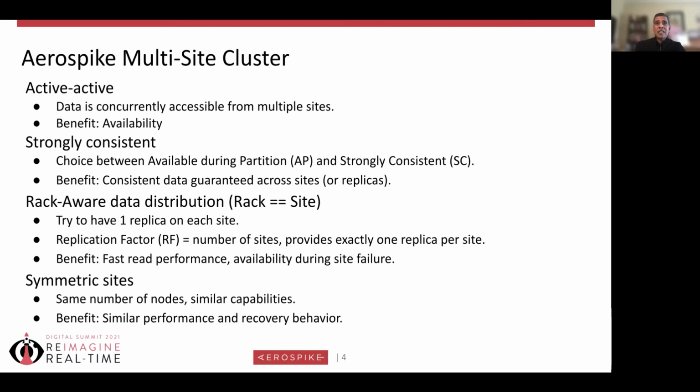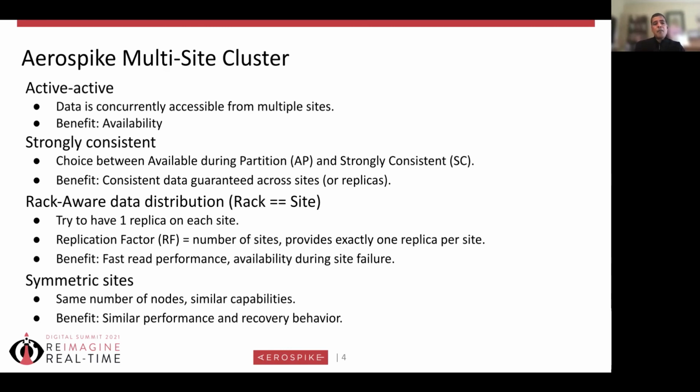Strong consistency is always preserved, even during partitioning. And a multi-site cluster implies strong consistency. And the benefit of strong consistency for certain applications is they need the guarantee that the data is consistent across all its replicas.